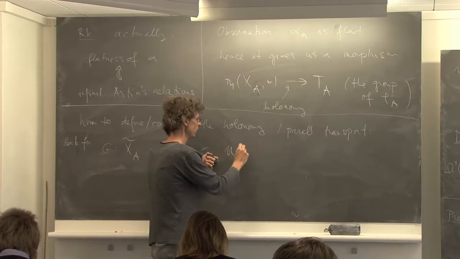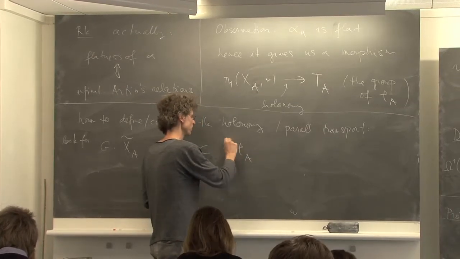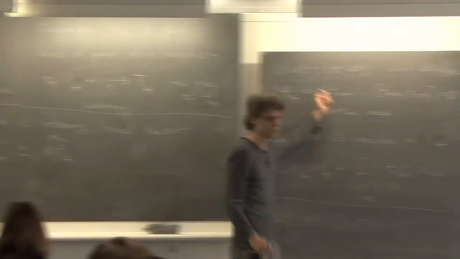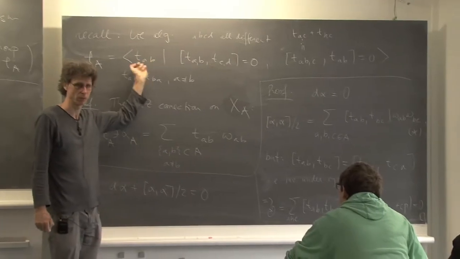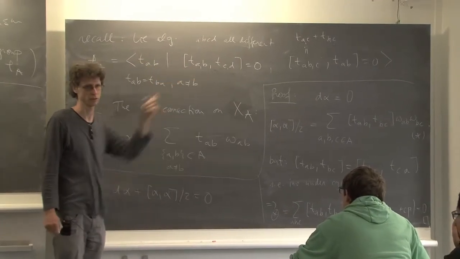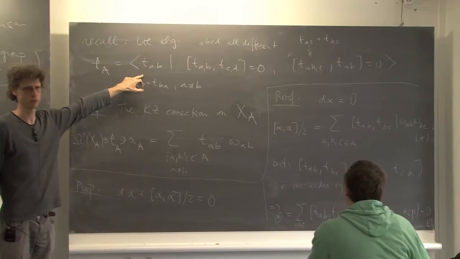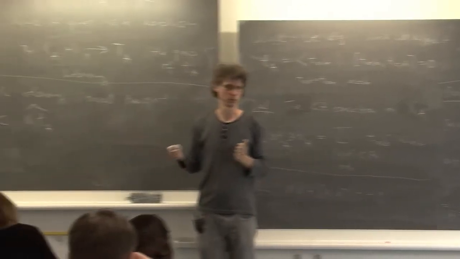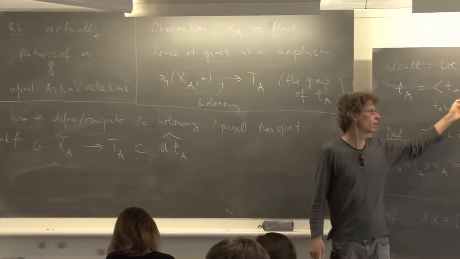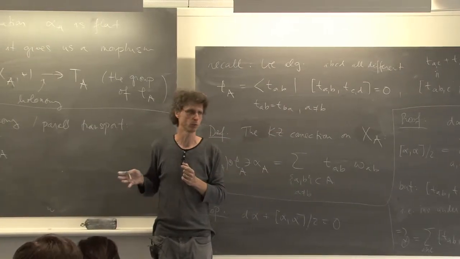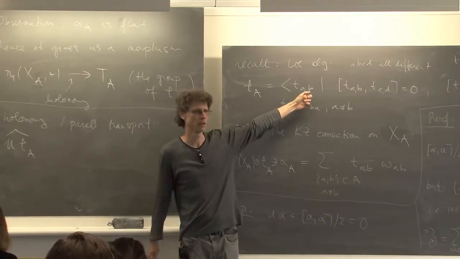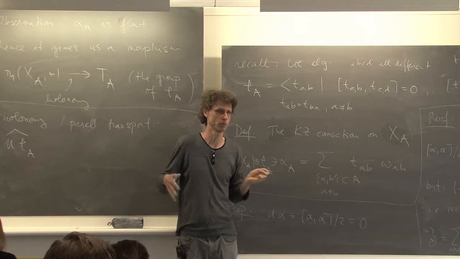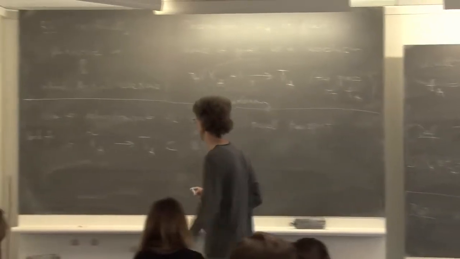It sits inside the complete enveloping algebra of this guy. But what is this thing? That thing is simply the complete algebra generated by these generators modulo these relations. The Lie algebra is in some way more difficult because there you're only using commutators. The algebra is simpler. There you're simply using words, modulo these relations, and we solve the word problem for that because we know that this Lie algebra is a semi-direct sum, or iterated semi-direct sum, of free Lie algebras. So there is nothing strange happening here.